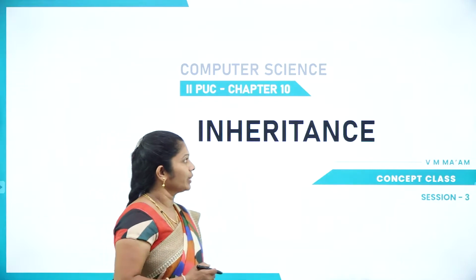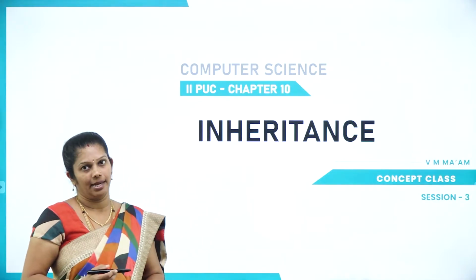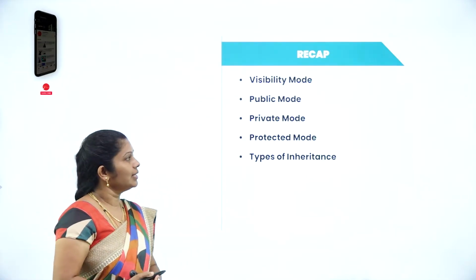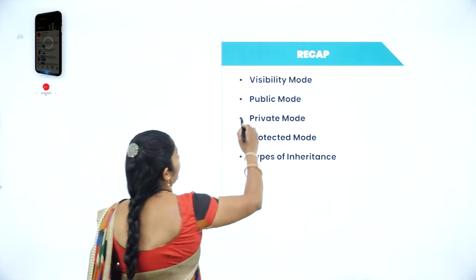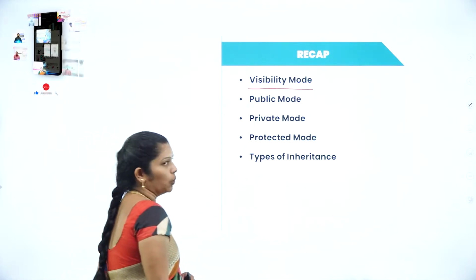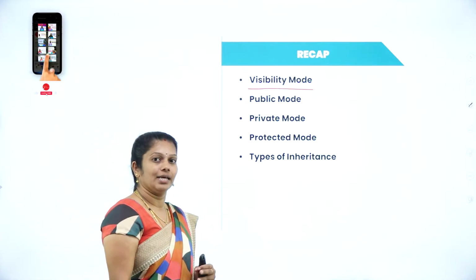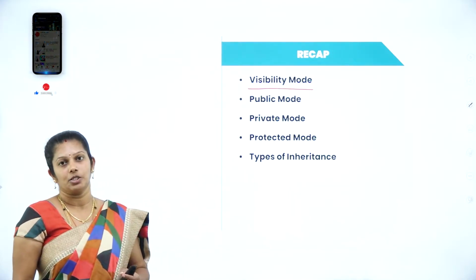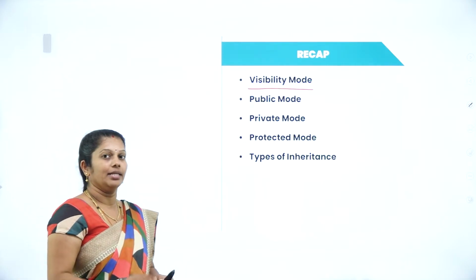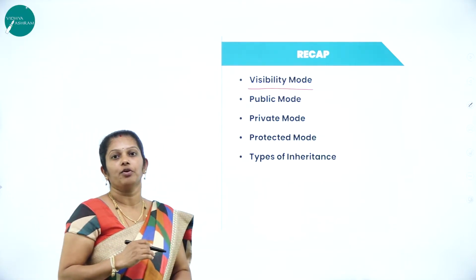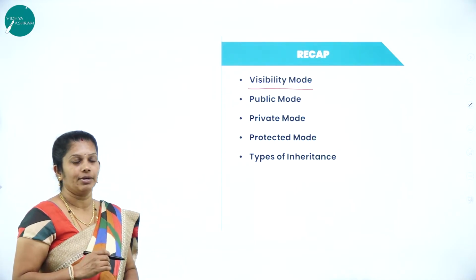Today, we are going to start with the third session of the inheritance chapter. In the previous session, you already came to know regarding the visibility mode. The visibility mode is nothing but how data is accessed from the base class to the derived class. Under that, it will control the access specifier of the members of the base class in the derived class.